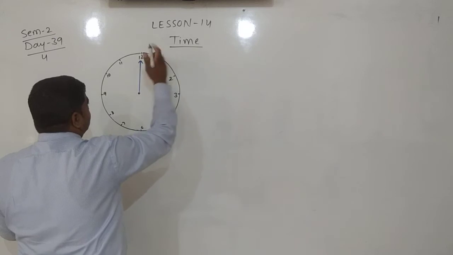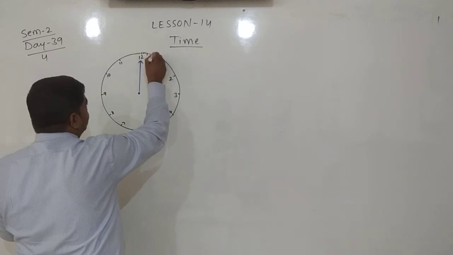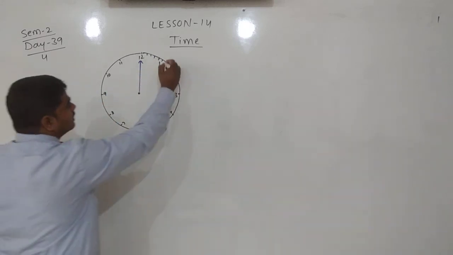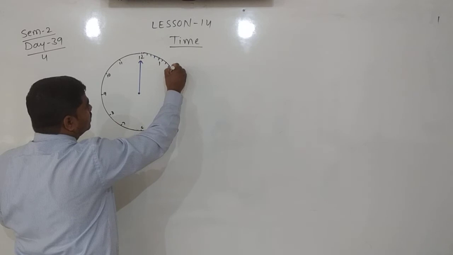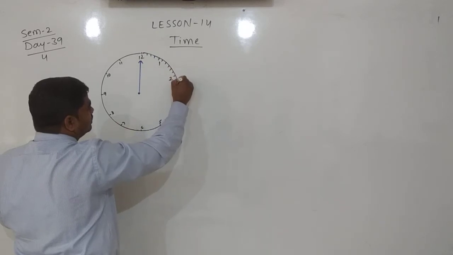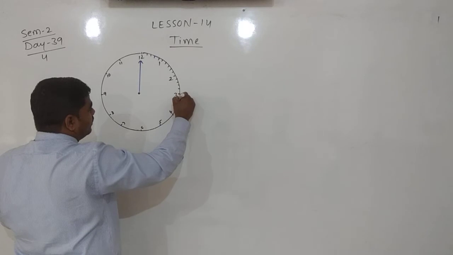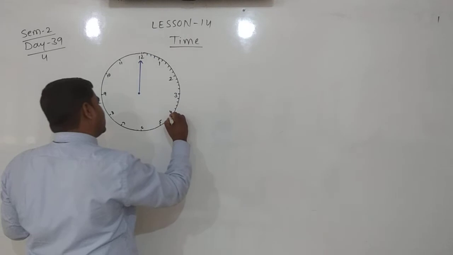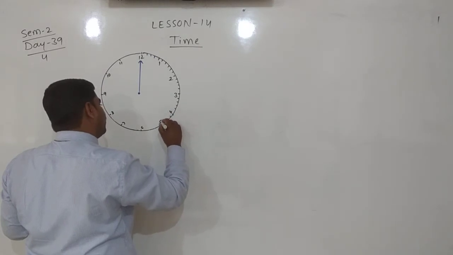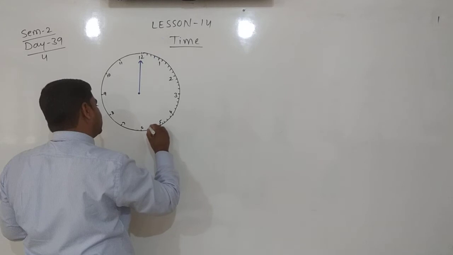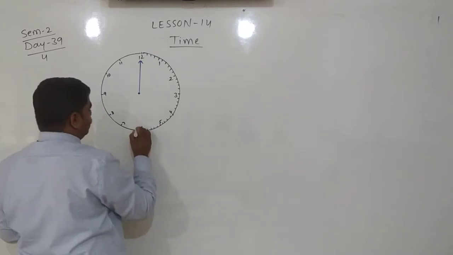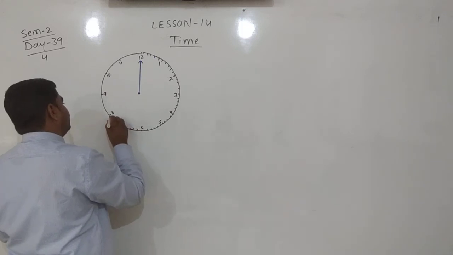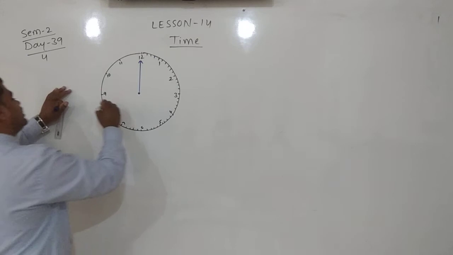Totally, how many are there? 1, 2, 3, 4, 5, and again 1, 2, 3, 4, 5, and so on.